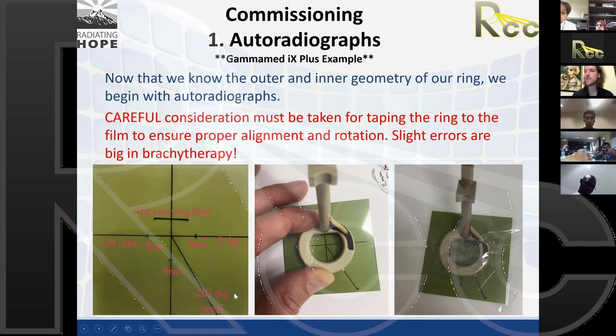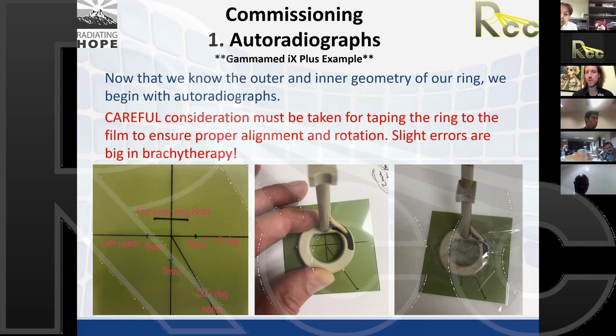So I did that exactly on a film with a protractor. I then measured in a vendor document exactly the length of this line back here. And I drew that line exactly in the position laterally and longitudinally. And that way, when I draw this on film exactly to vendor specifications, I can carefully put the applicator in the exact right placement and then carefully tape it down, and I'm ready to go.